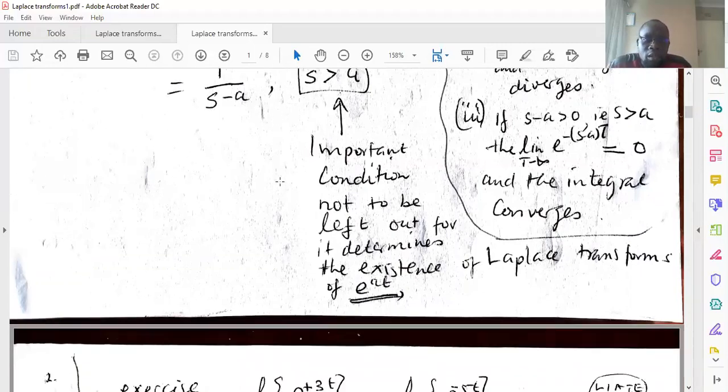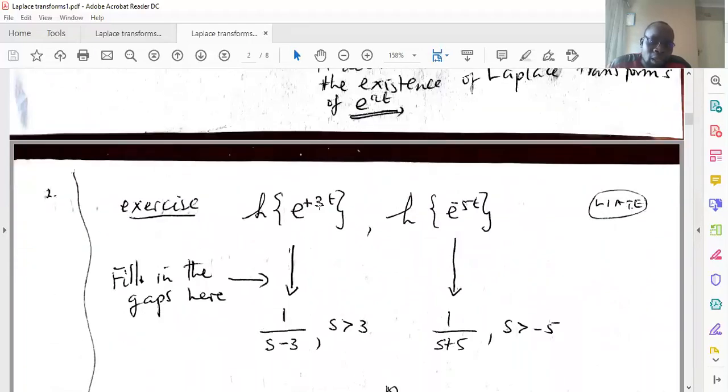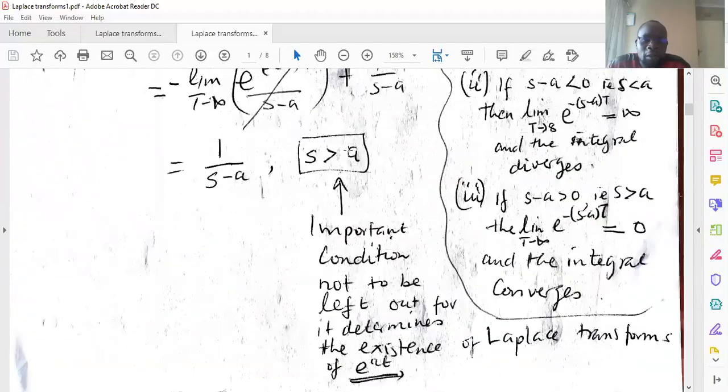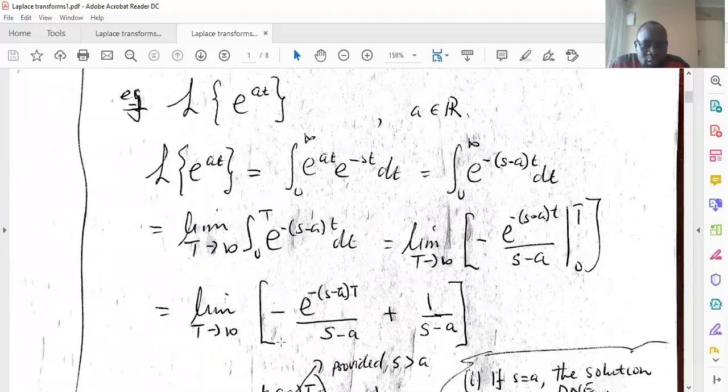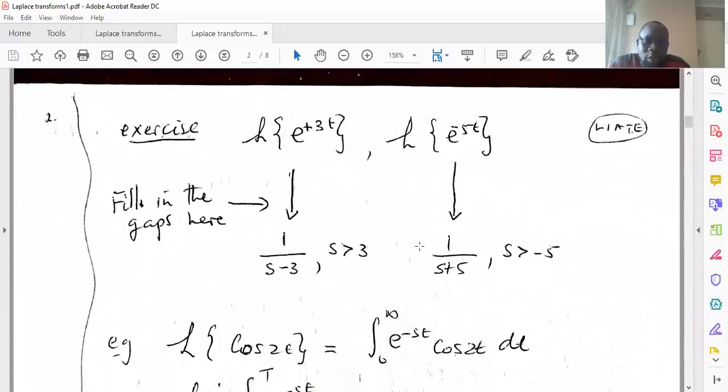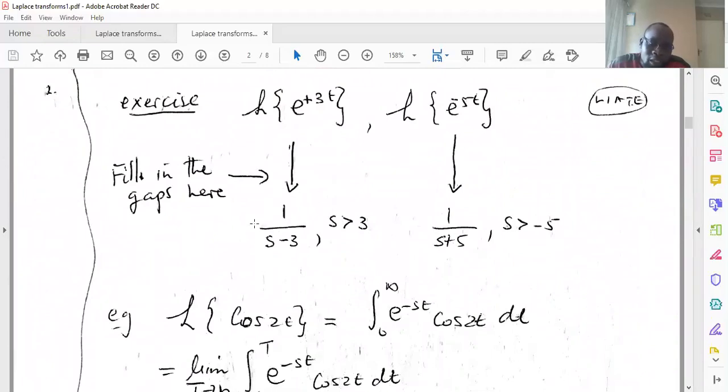Okay, so now you can try this on your own. What is the Laplace transform of e to the power 3t, e to the power minus 5t? Do the whole process here, with a equals 3 and a equals minus 5, and show that this is what you're going to get for a equals 3, and this is what you're going to get for a equals minus 5.